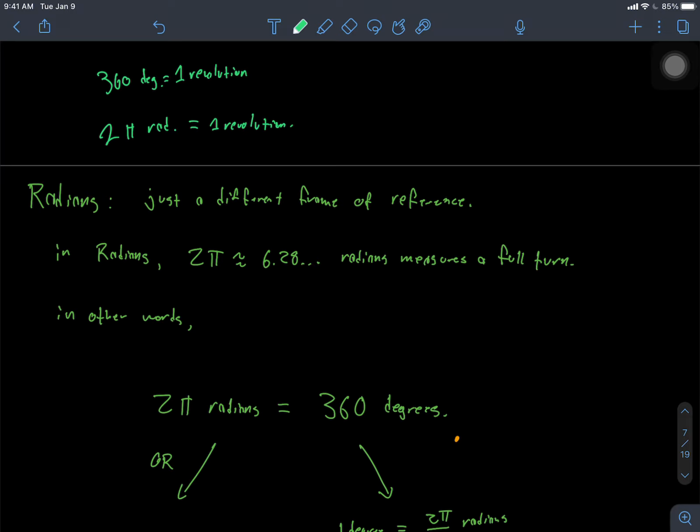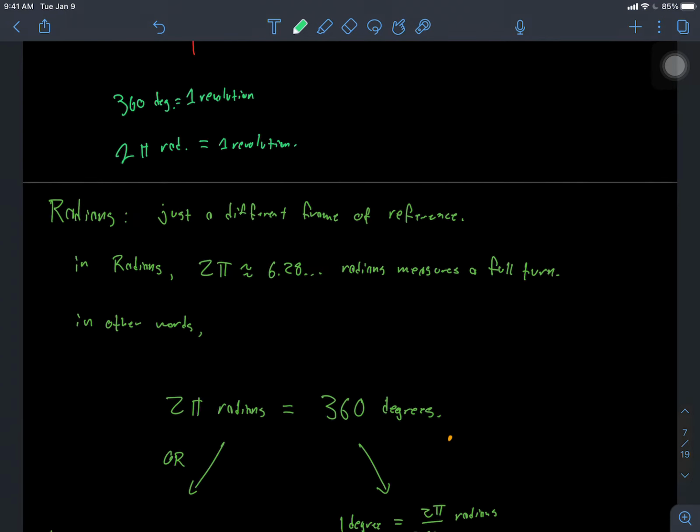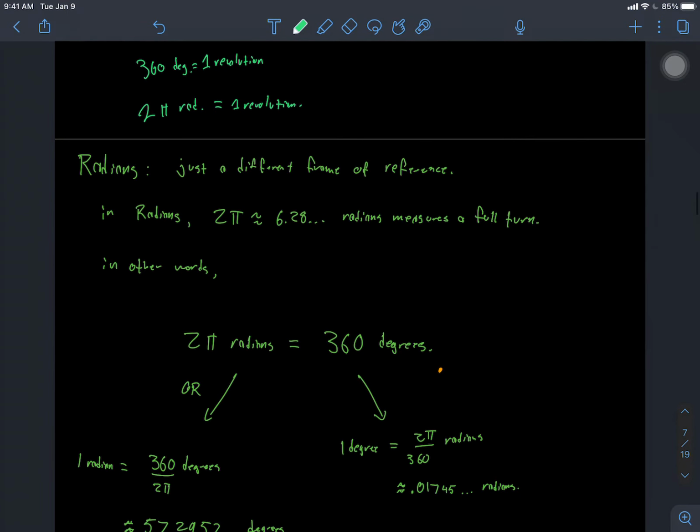This is just a different way of looking at things, and in a lot of ways it's a better way of looking at things. But degrees is just something that we've had around for a really long time, and nobody really knows where it came from.